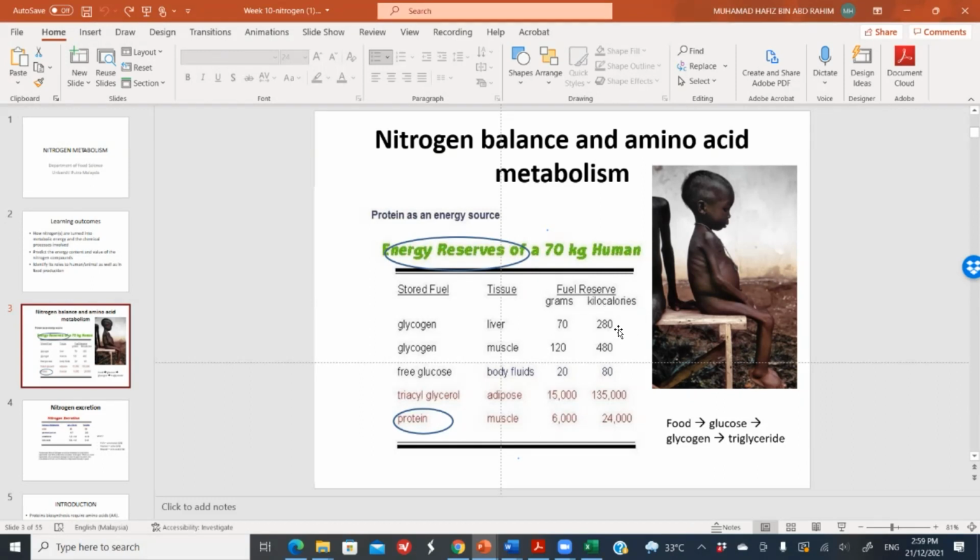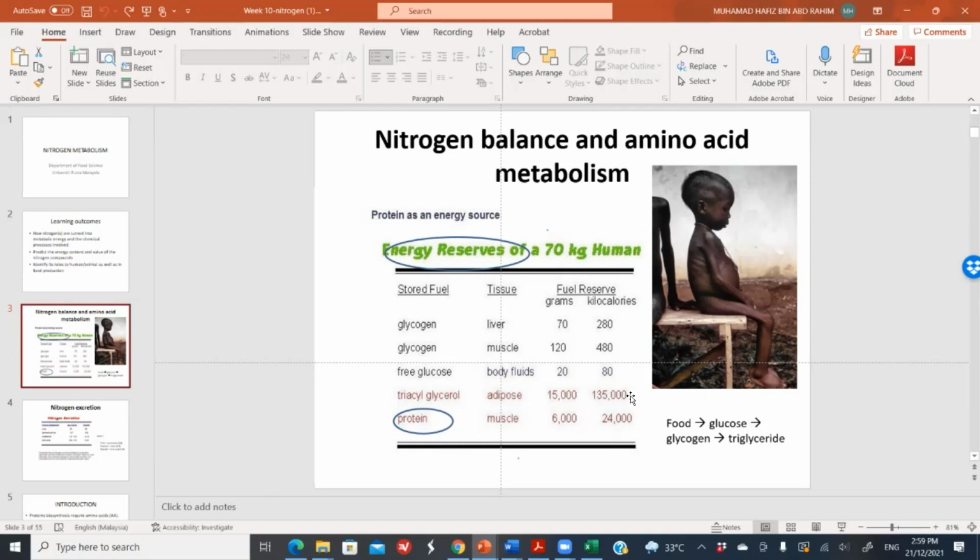And as you can see from here, the energy from 70 grams of glycogen is 280. So if you divide 280 by 70, you will get 4. So maksudnya 1 gram glycogen or glucose is equivalent to 4 kilocalories. Tapi kalau tengok triacylglycerol, which is fat in adipose tissue, it will produce up to 135,000 kilocalories.